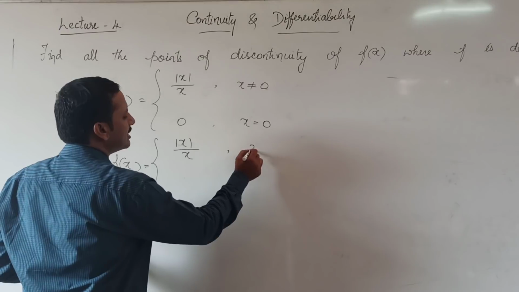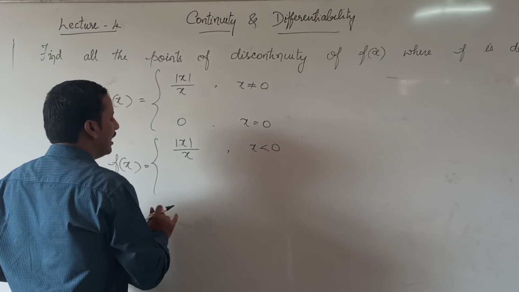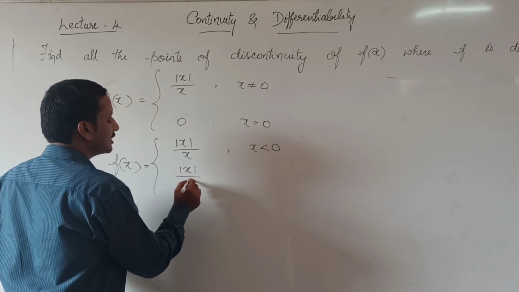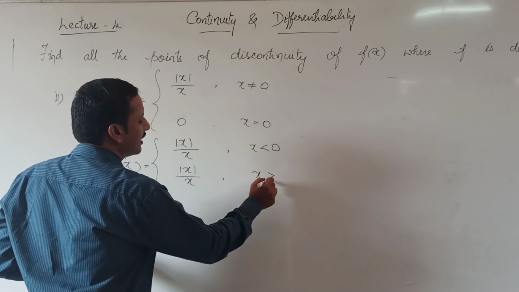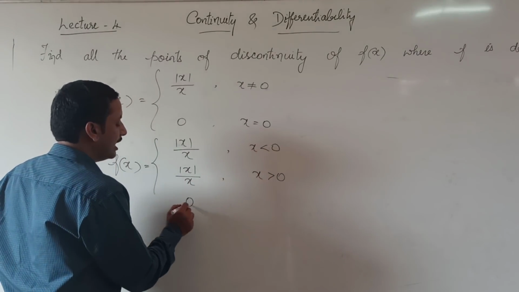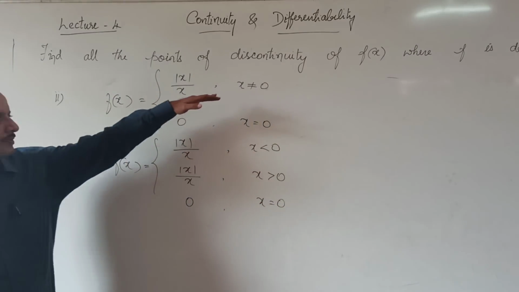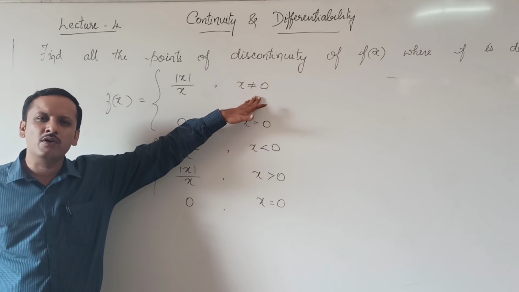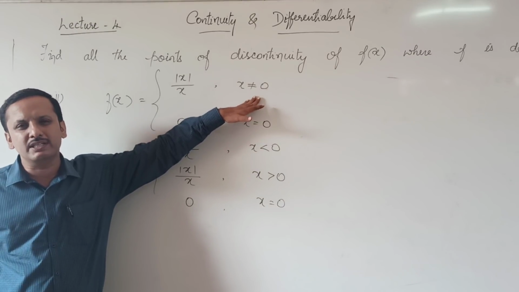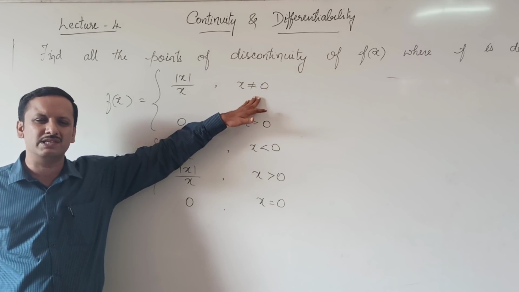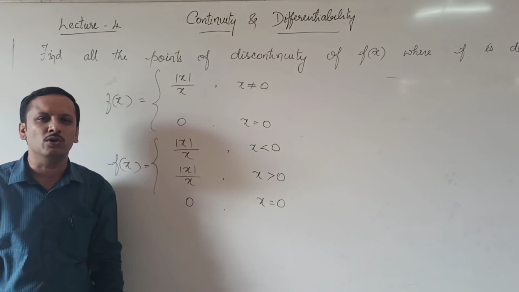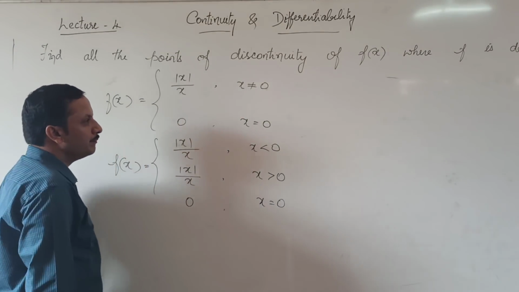Mod x by x in both cases, and at 0, it is defined as 0. See, x not equal to 0 means either x is greater than 0 or x is less than 0.